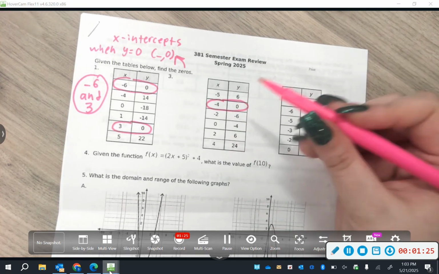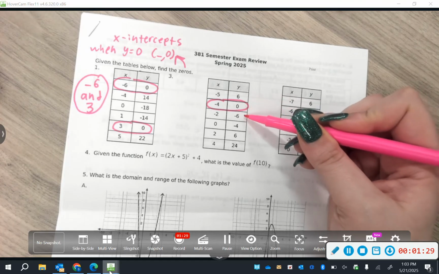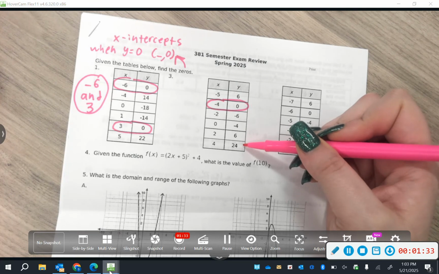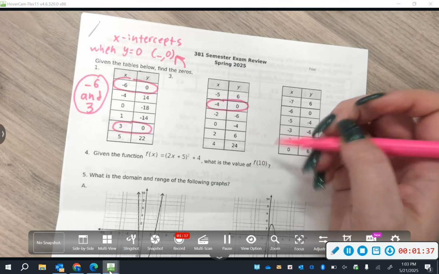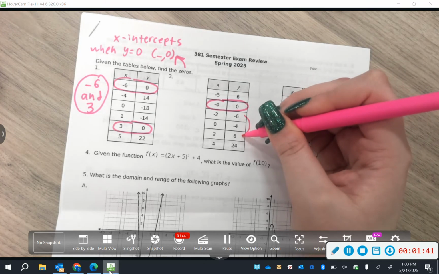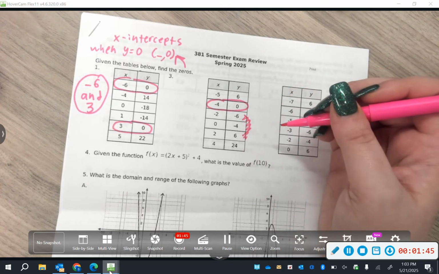Or, look y'all, in your y's, it's positive, positive, negative, negative, positive, negative. What do you notice? Well, first of all, oh, I did it wrong. Nope. Take it back.